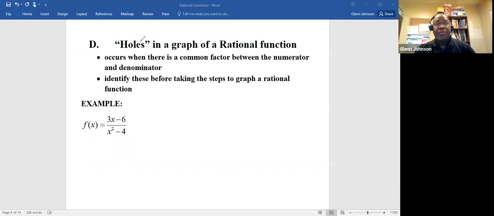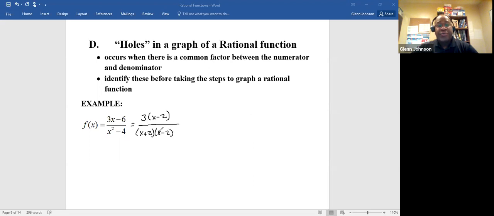If we examine this particular function, once we factor everything out, we will see that there's a common factor between the numerator and the denominator. In the numerator, if we factor that out, we have a common factor of 3, which gives us 3 times x minus 2. And in the denominator, you have the difference of two squares, which is x minus 2 times x plus 2.